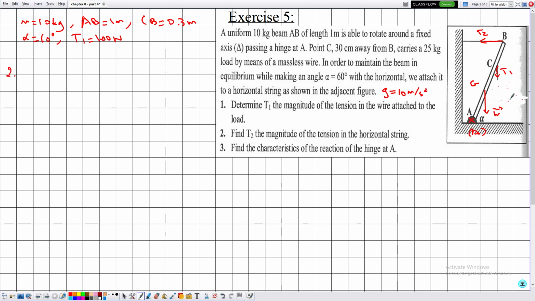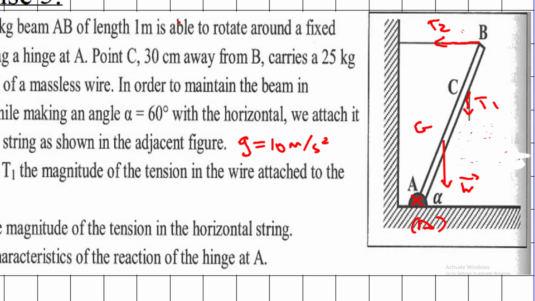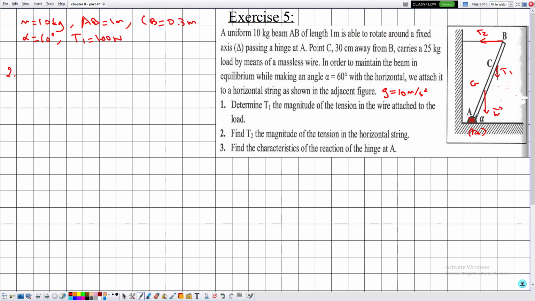So now simply the system reduces to, or the forces acting on the beam are given by T1, T2, the weight, and the reaction at the point A. So we don't know the reaction at the point A. Suppose that the reaction is something like this.